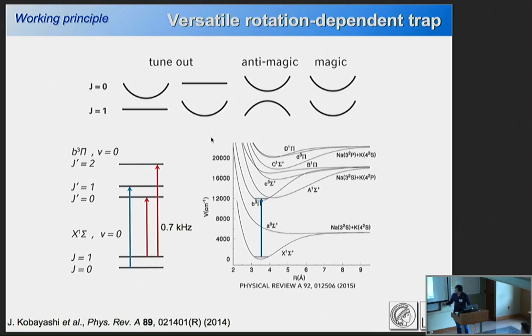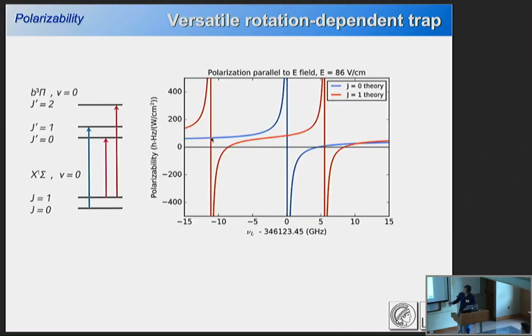With this highly rotation-dependent transition, the J=1 state and J=0 state, the polarizability or light shift versus the laser detuning looks like this dispersion curve. The J=1 state, because it couples to different rotational excited states, has a completely different shifted transition.